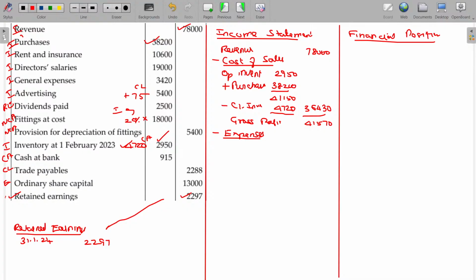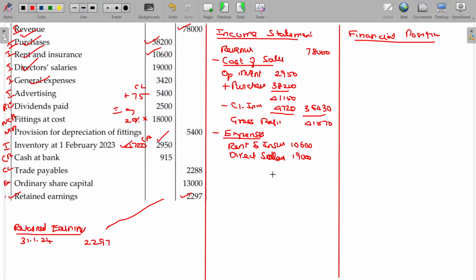Okay, revenue over, purchases over, rent and insurance 10,600. Director's salary 19,000.